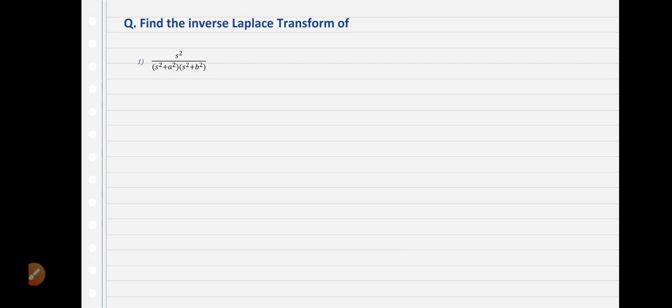Degree of numerator is 2, as only one s term is present and it is having degree 2. Denominator is having two terms containing s square and they are in multiplication form. So total degree of denominator is 4 and hence we can apply the partial fraction method.